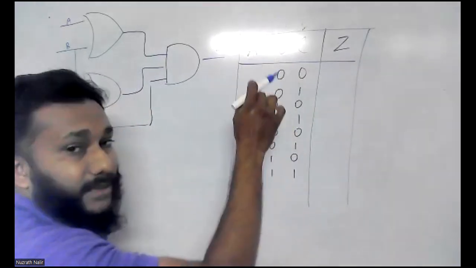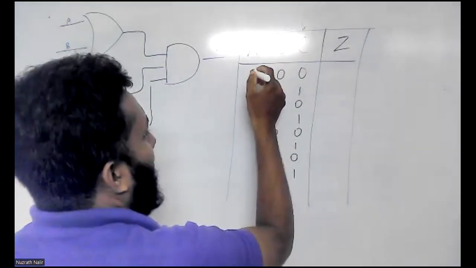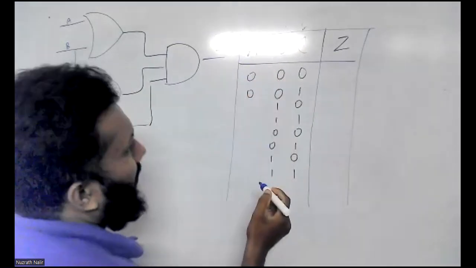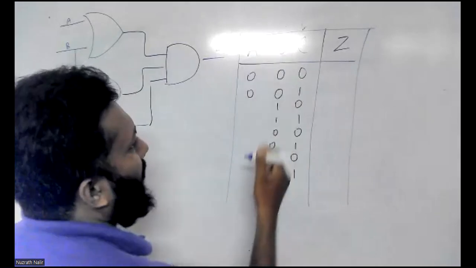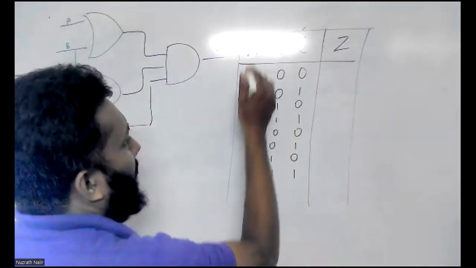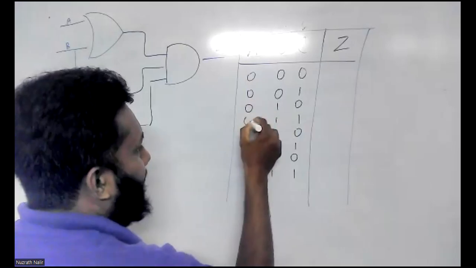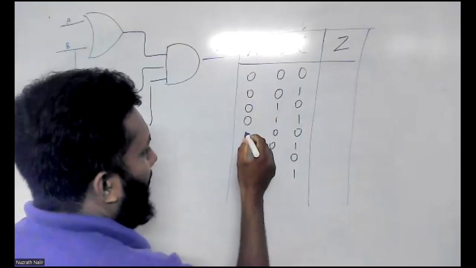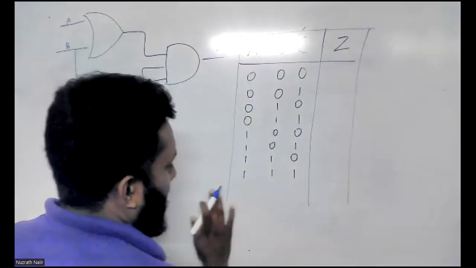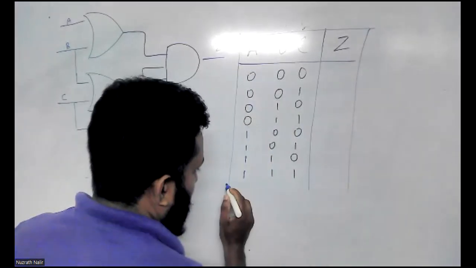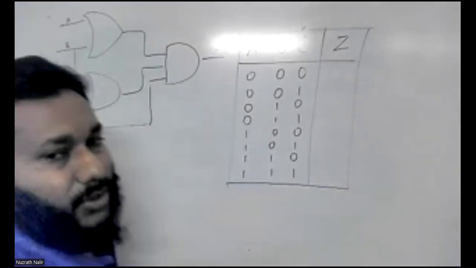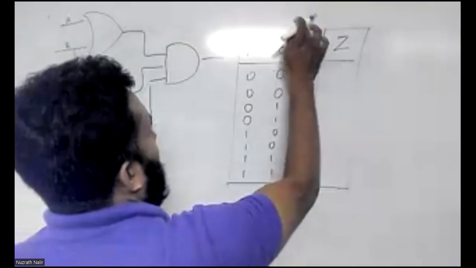Then 2 to the power 2 is equal to 4: 4 zeros and 4 ones. Okay, so this is your truth table combination.